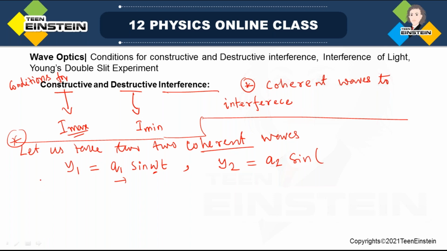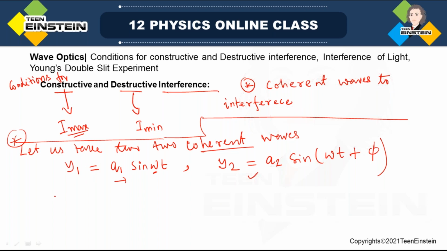From the point of generation to anywhere they go, they will maintain that phase relationship. So I'm taking this as omega t plus phi. So I'm saying that this wave is ahead of the previous one, y1, by a phase angle phi.